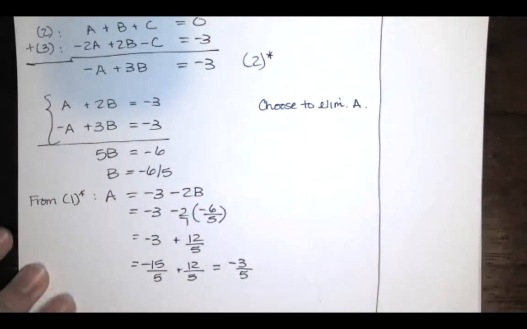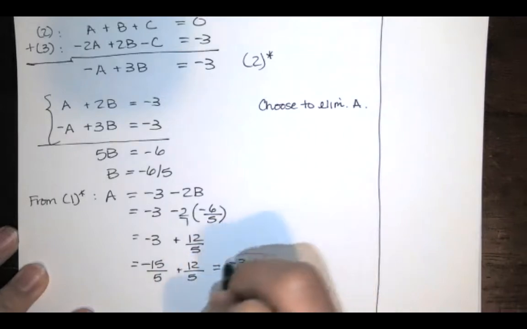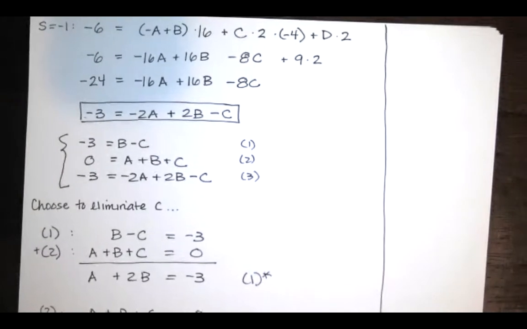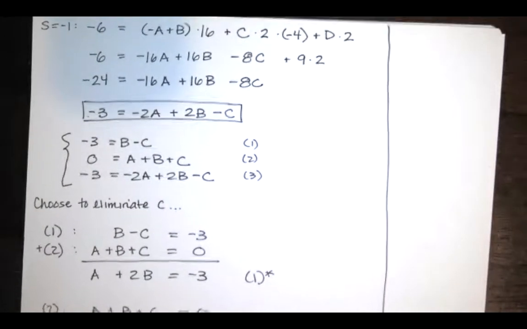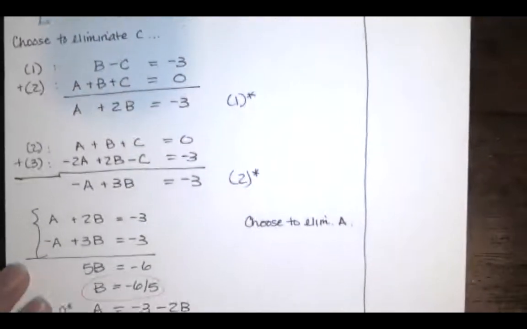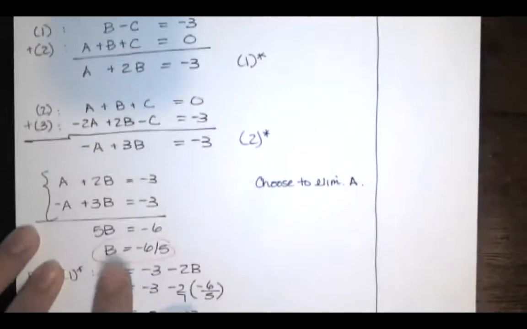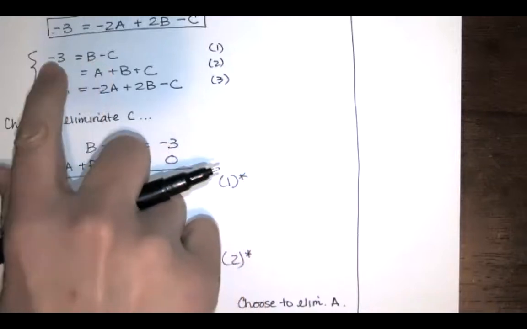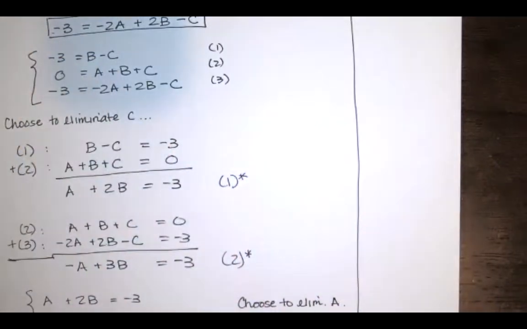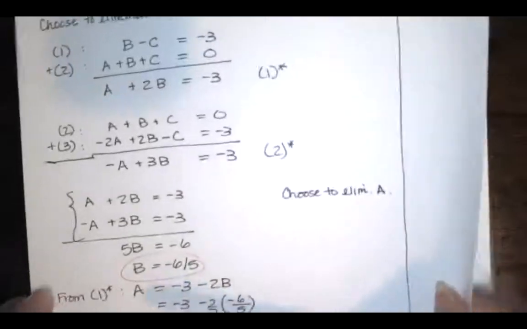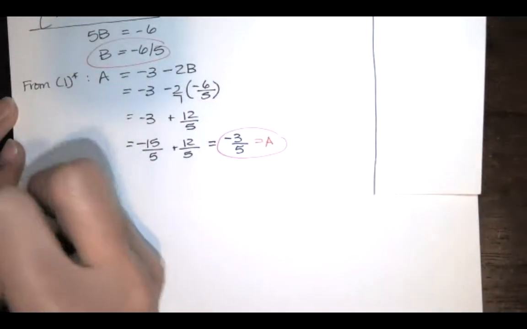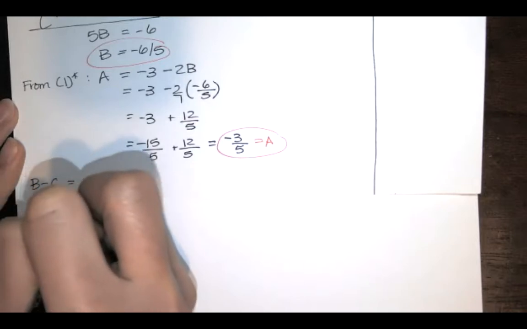Okay, so our a is here, our b is here, and our c, have we found c yet? I don't think we have found c. But since we know what a and b are, we can use b to find c, substituting into this equation. Negative 3 equals b minus c, or b minus c equals negative 3.